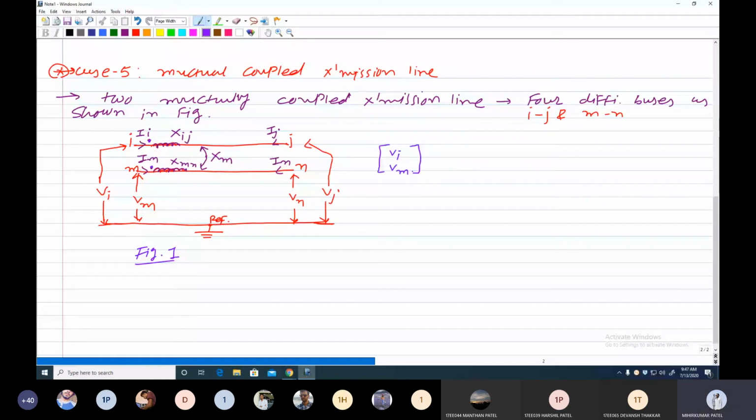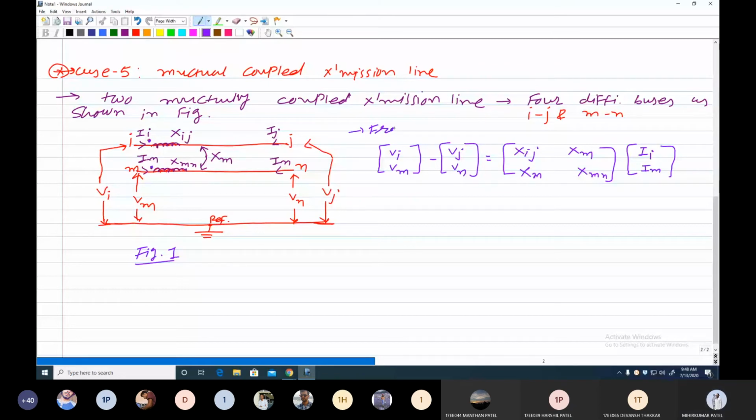Vi minus Vj and Vm minus Vn is equal to the matrix of Xij, the mutual reactance Xm, again Xm, and Xmn, times Ii and Im. Clear?